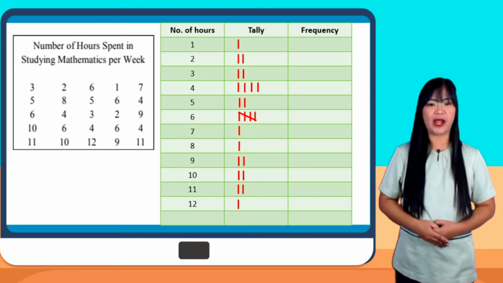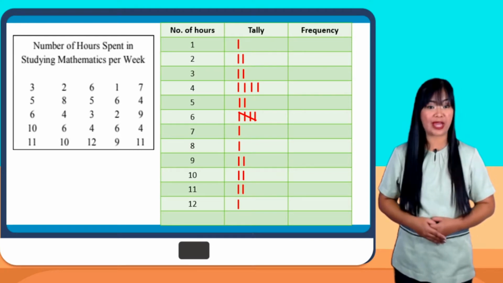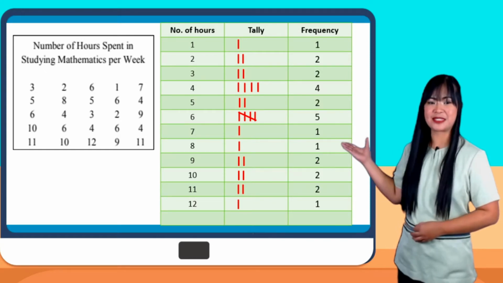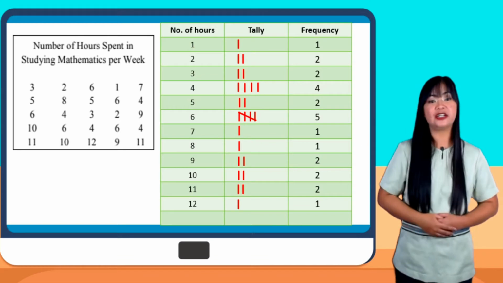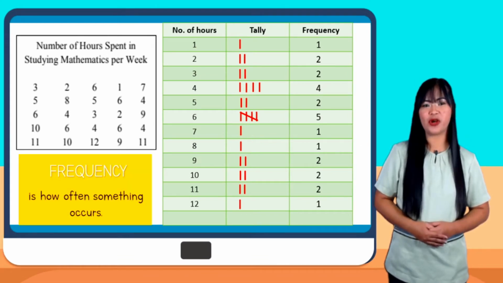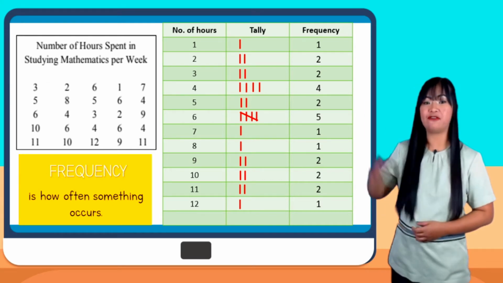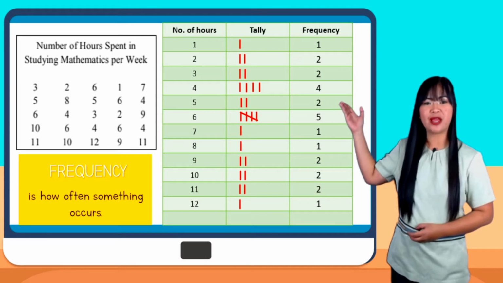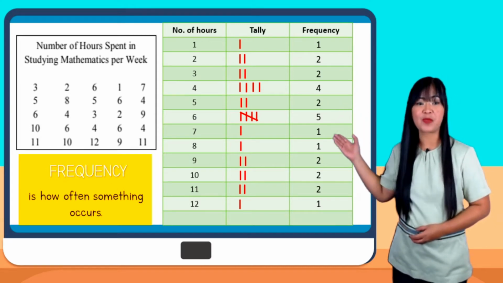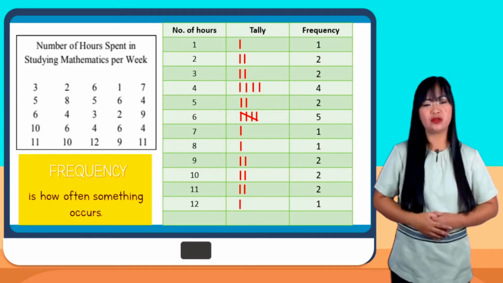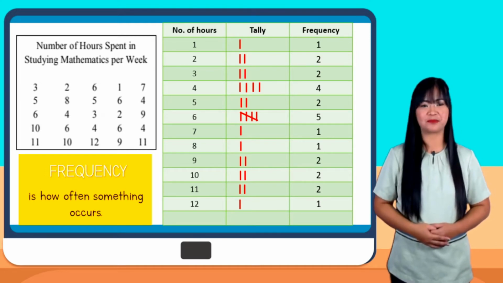To complete this part, all we have to do is count the number of sticks in the tally part and write in figures, just like this. Frequency refers to how often something occurs. Therefore, for the frequencies, we have 1, 2, 2, 4, 2, 5, 1, 1, 2, 2, 2, and 1.